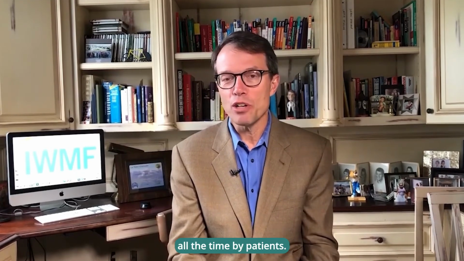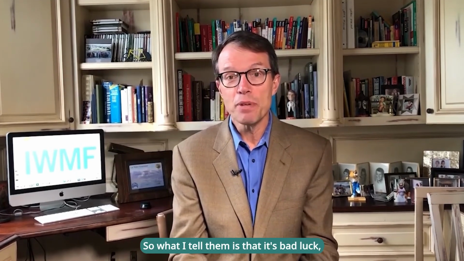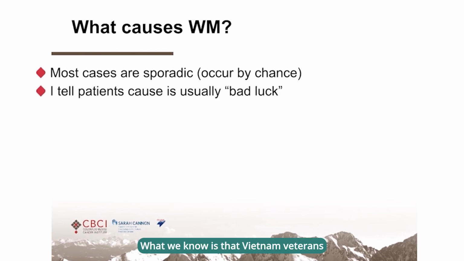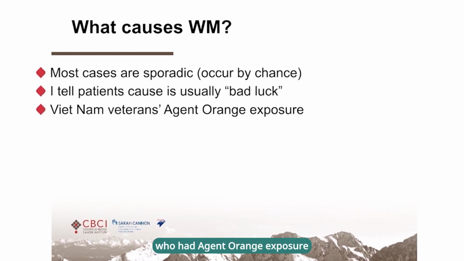So what causes WM? I get asked this question all the time by patients. What I tell them is that it's bad luck for the most part, meaning that you just get it. Most cases are sporadic, meaning they just occur without a genetic predisposition. What we know is that Vietnam veterans who had Agent Orange exposure have an increased risk of WM.